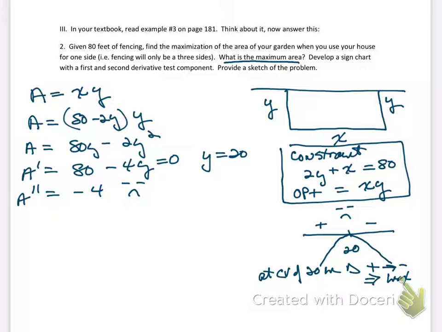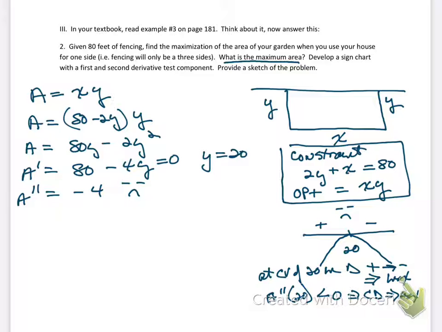And then I can say that a prime prime of anything really, but I'll put my 20 in here, is going to always be less than 0, which means it is concave down, which also gives me a max. So that's all good.